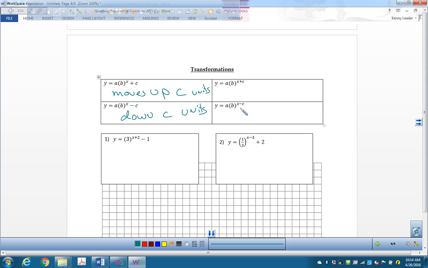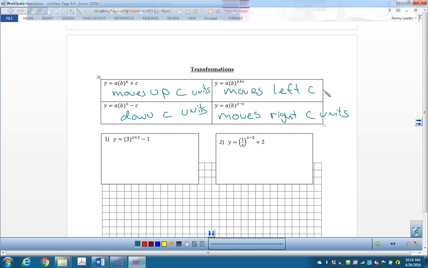Which way do you think that would shift it? Yep. This moves right c units. And this moves it which way? Left c units.